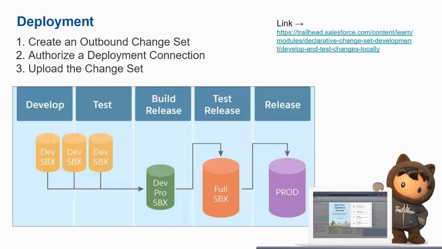Once the connection is done, you will upload the change set you created in staging, and it will go to the production environment. Then, if production approves, it will go over there. So it's not directly from staging to production: you create the change set, upload it, and after receiving approval, it's in production.